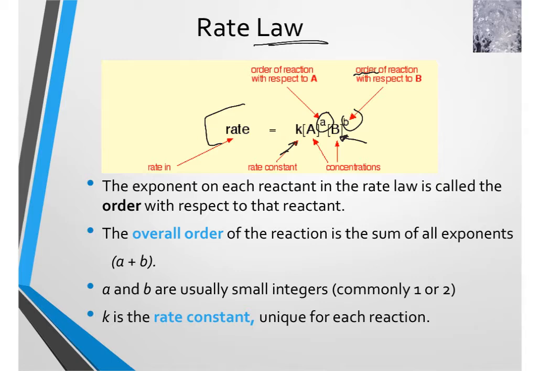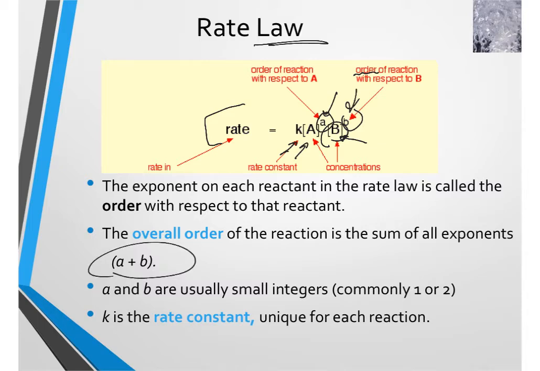So we would say the order of reaction with respect to A is little a. The order of the reaction with respect to B is little b. The overall order of the reaction is the sum of all of the exponents. So in this case, it'd be a plus b.